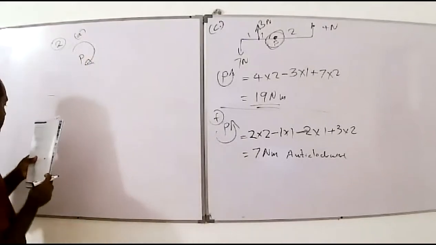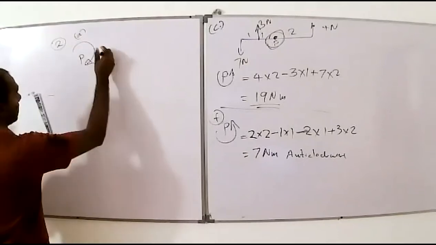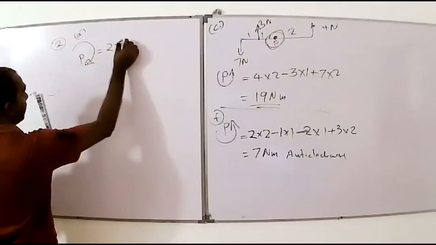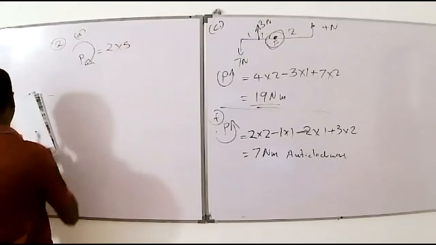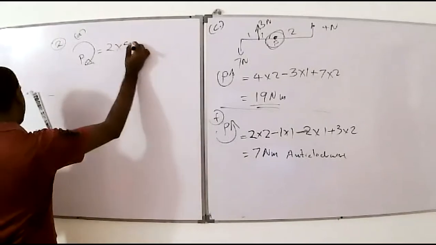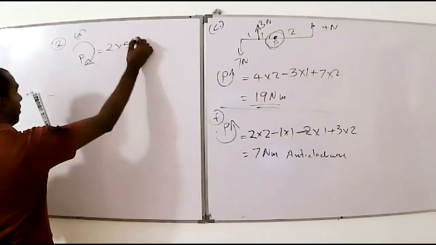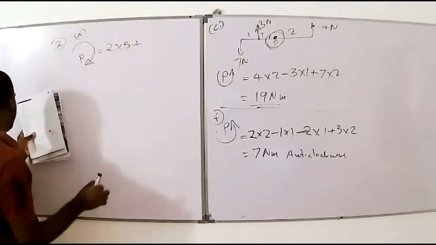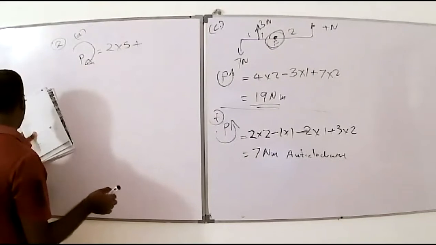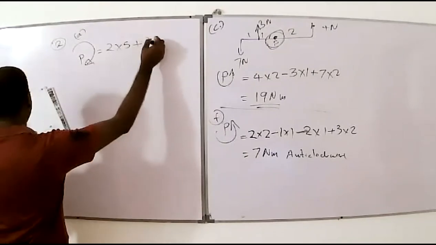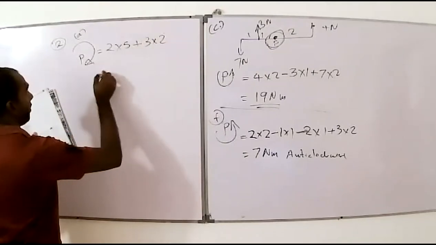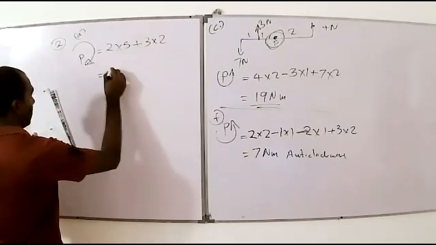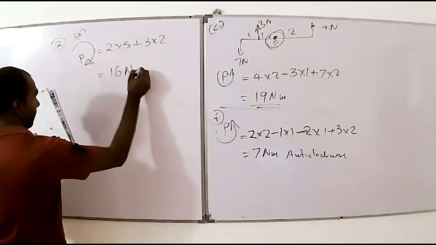So I have these 2 newtons into 5 meters, because the perpendicular distance is 5. And 3 newtons is also the same effect. So it will be 3 newtons into 2. So we have 10 plus 6, 16 Newton meters.